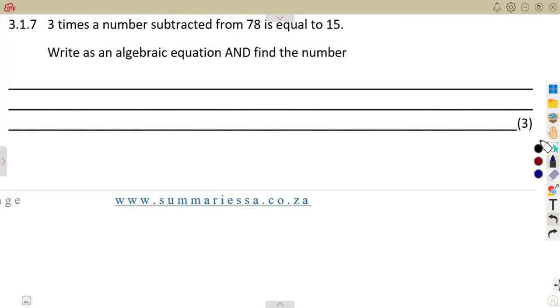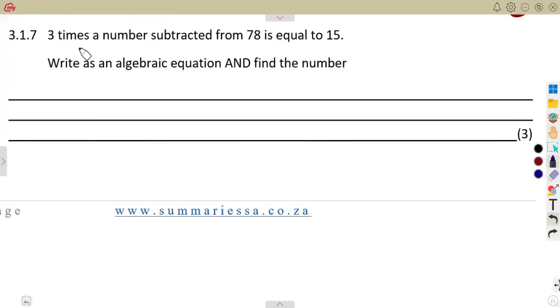3.17, they are saying 3 times a number. Okay? 3 times a number. Remember I said whenever they say a number, we do not know that. So it's x. So 3 times a number x, that is 3 times x. 3 times x is equal to what? 3x. Okay?